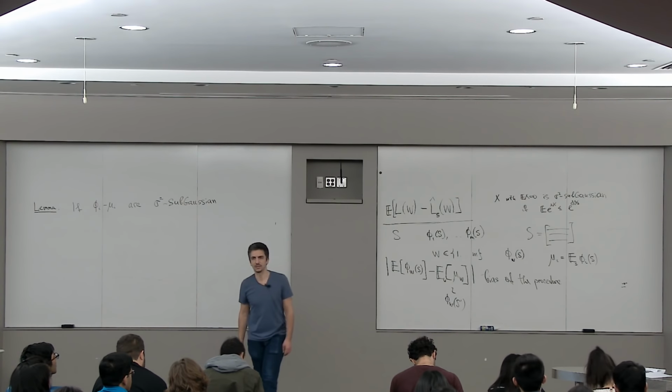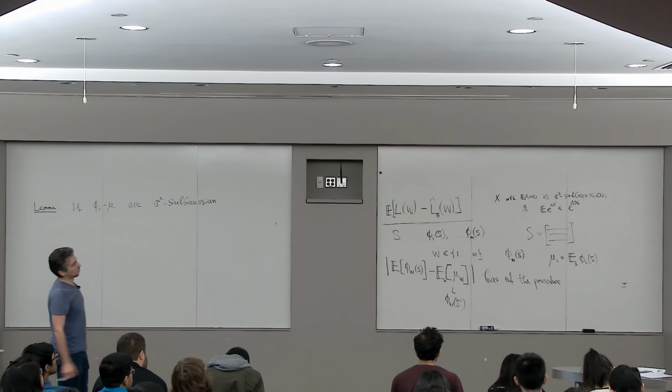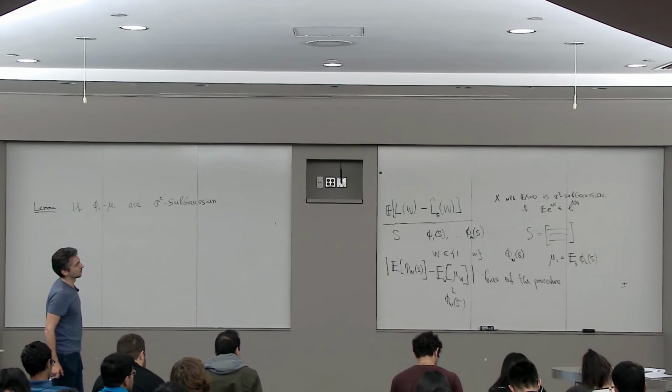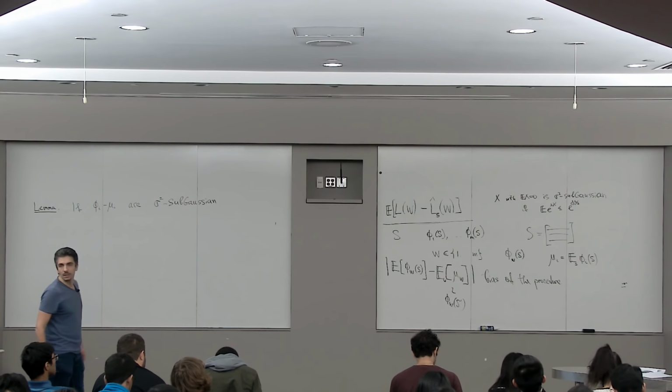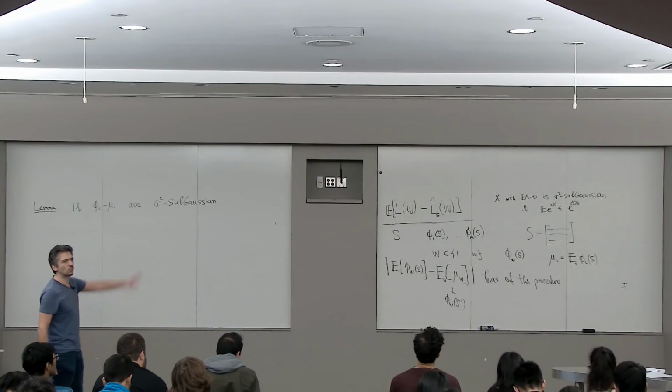I think that's correct, because that's what you would expect from a Gaussian random variable. Is that okay? You don't need to know this.